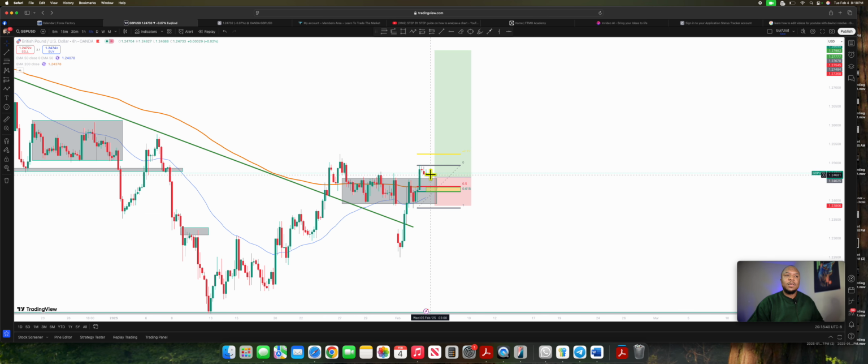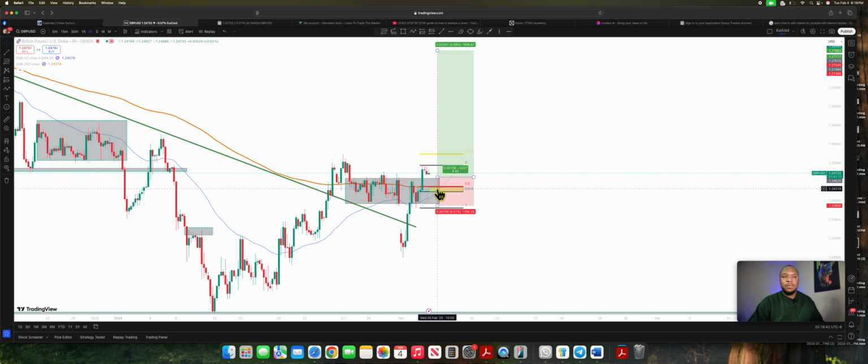Yeah, the price might reach here, it might not. If it also bounces off here, I'll also be looking to see a bullish engulfing candle. That gives me the indication that the buyers are back into the market and they are willing to push this price to this height that I've marked out.